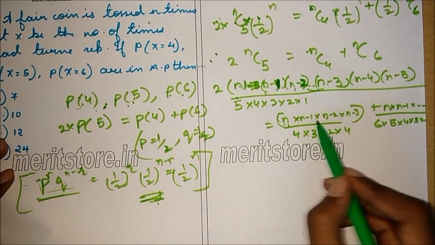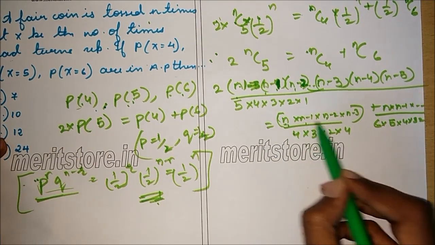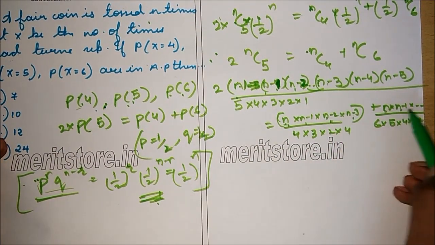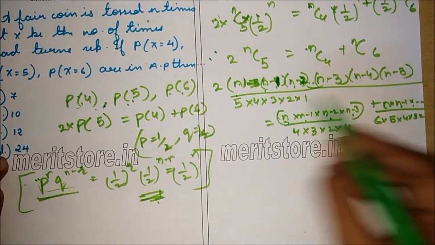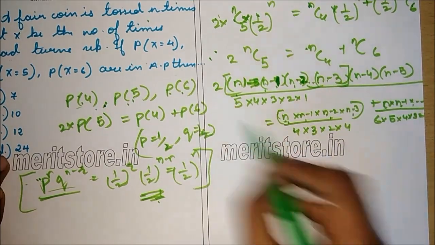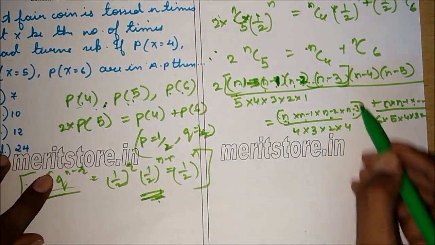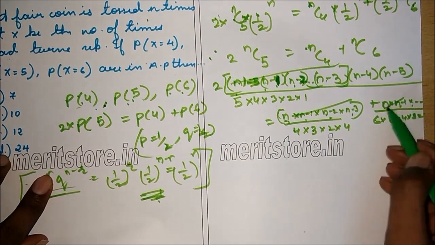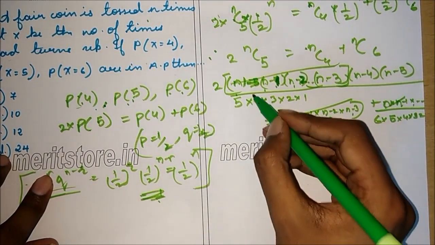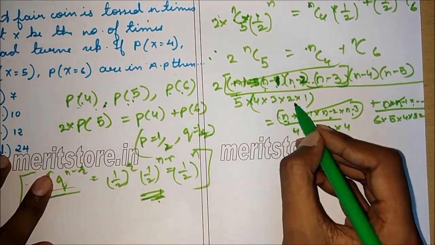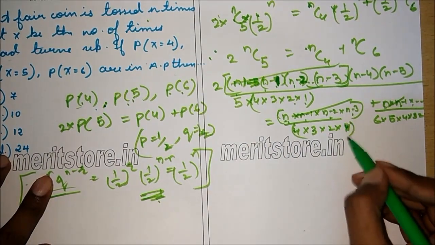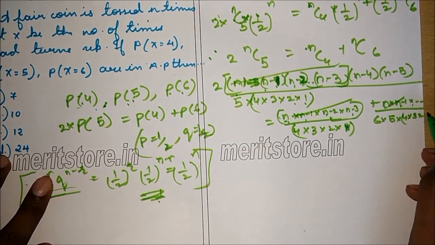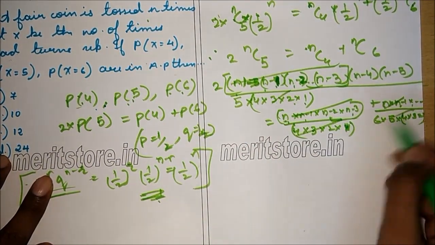So we can see we have terms common such as n, n minus 1, n minus 2, n minus 3, up to 4 terms. So the first 4 terms are common throughout the equation, so this gets cancelled. Similarly, the denominator 4 into 3 into 2 into 1 is common throughout the equation, so this also gets cancelled.